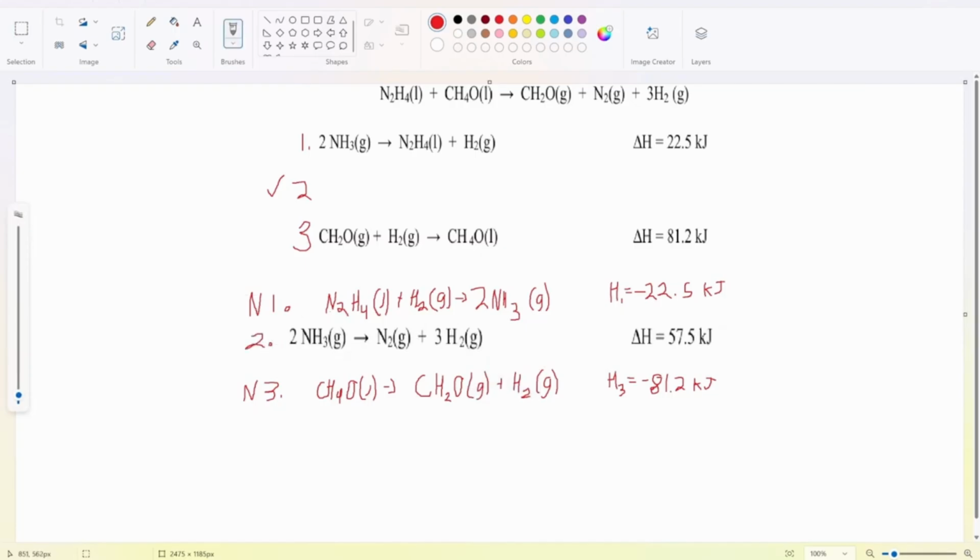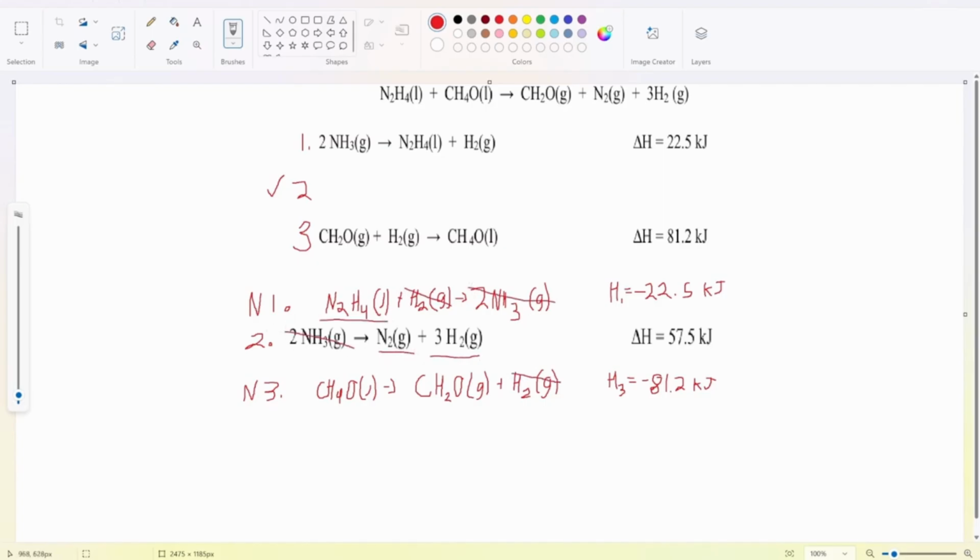So now you have all the equations, now you need to figure out how to get it like this. So the N2H4, that's good. The CH4O, that's good. But let's look at some things that get in our way. Like the H2, they get rid of each other, right? But we need this one. So this one's good, this one's good. The NH3, get rid of each other.